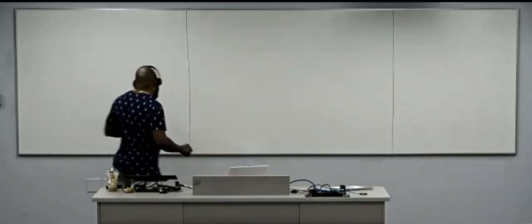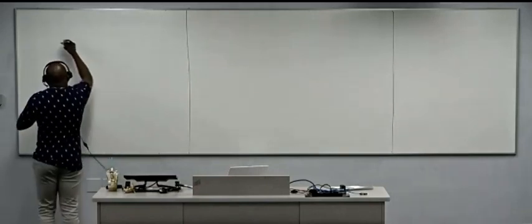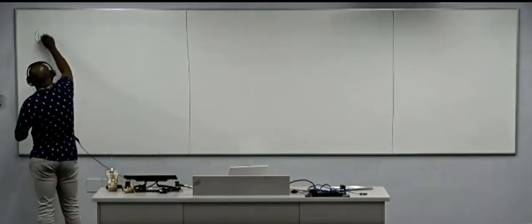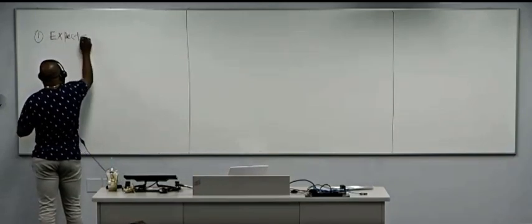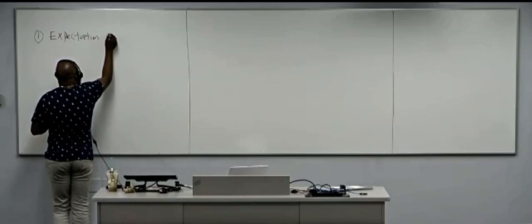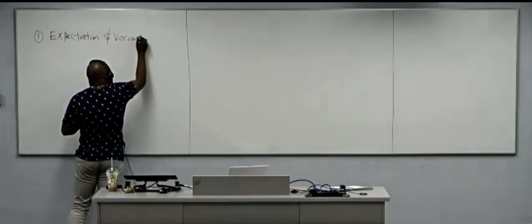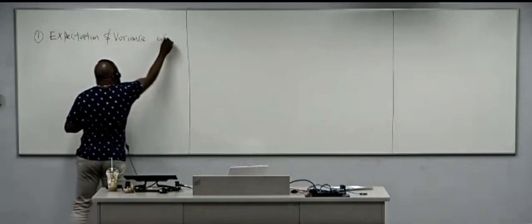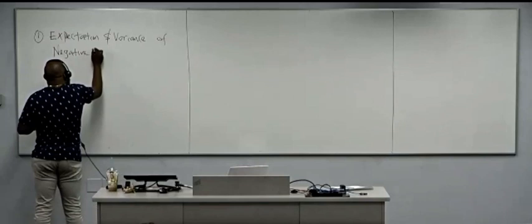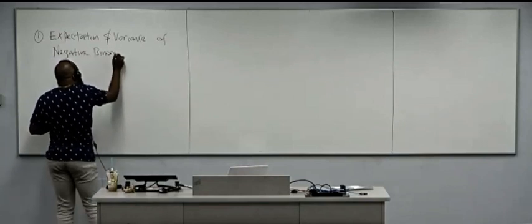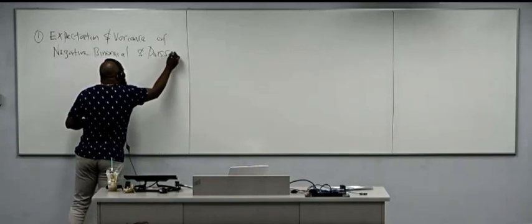So I'm going to start by deriving the expectation and variance of the negative binomial and Poisson distributions.